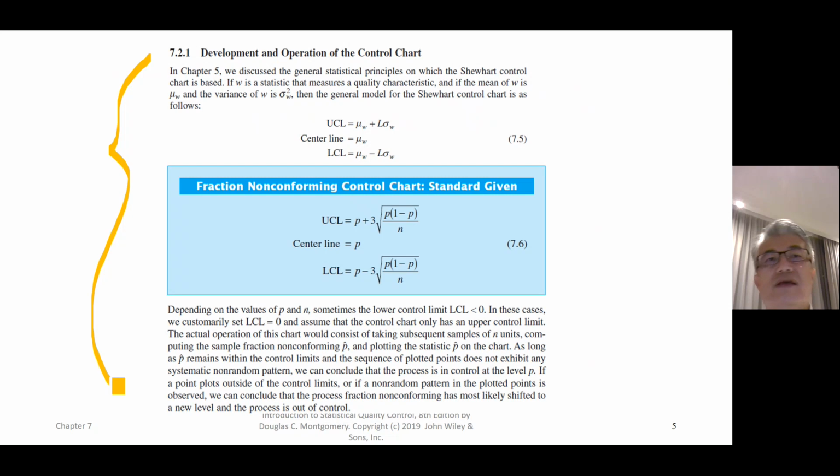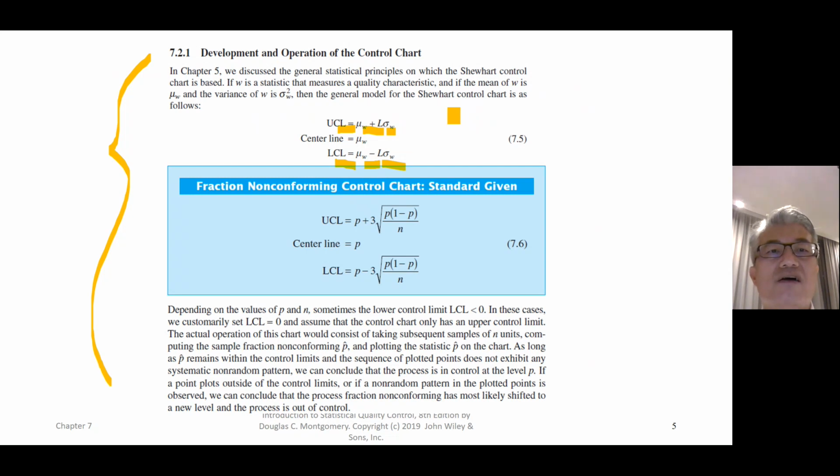In chapter 5, we discussed the general statistical principle on which the Shewhart chart is based. If W is a statistic that measures a quality characteristic, or CTQ in the language of DMAIC, with mean mu subscript W and variance sigma squared subscript W, then the general model for the Shewhart control chart is the mean plus L times the standard deviation, and the mean minus L times the standard deviation.